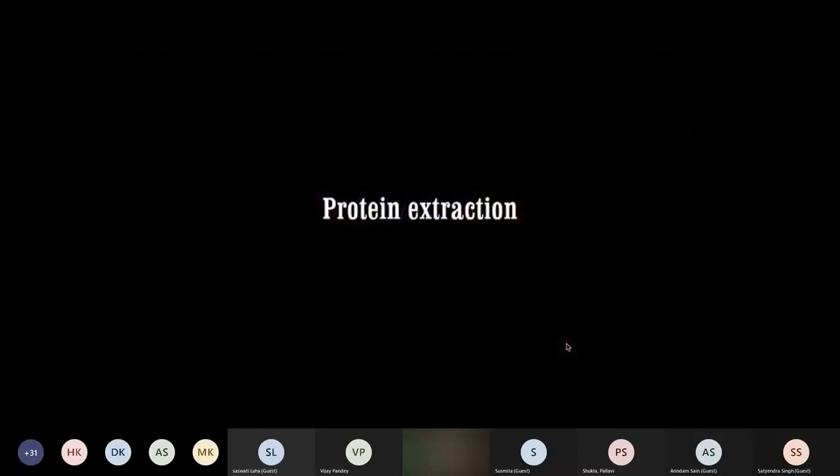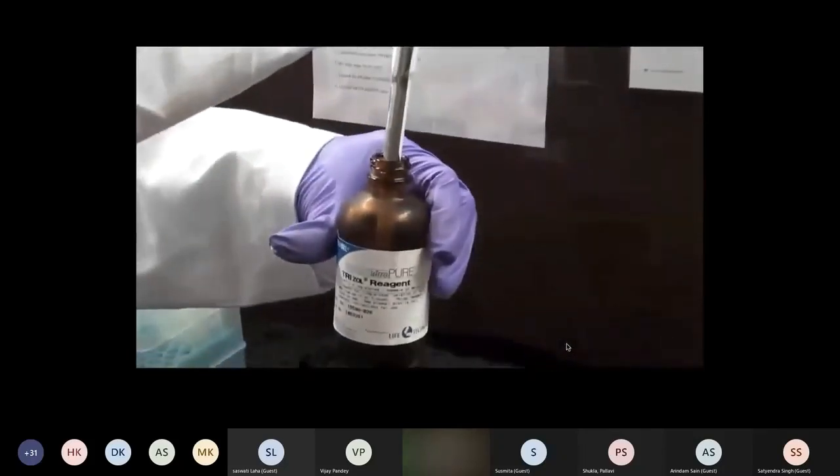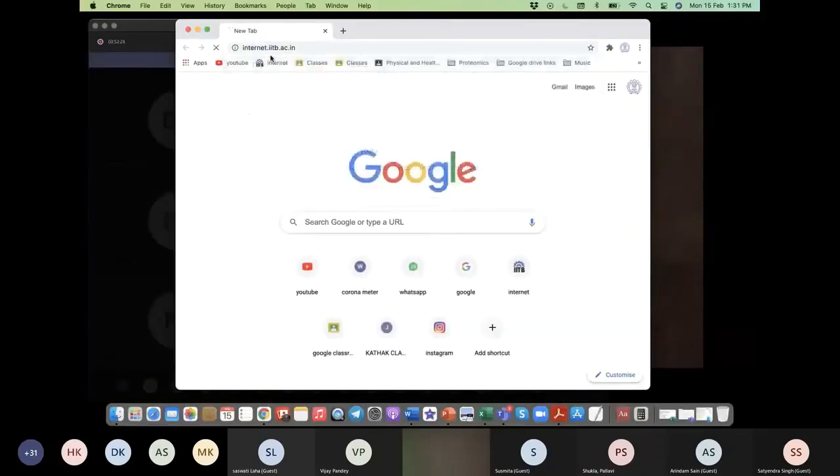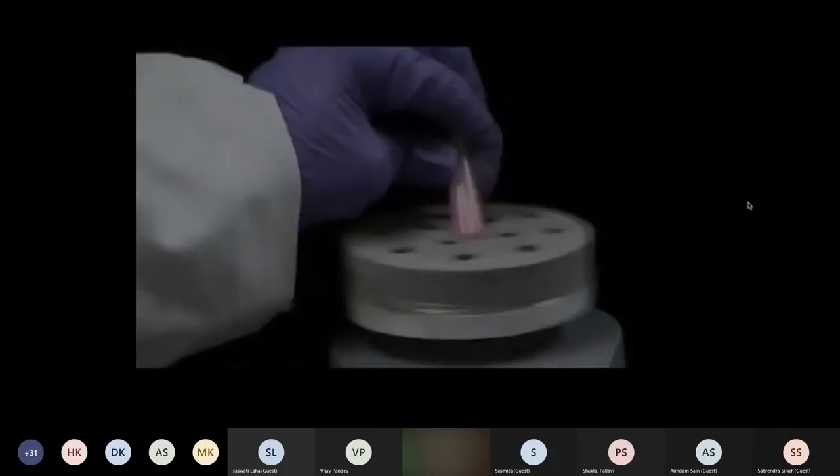Protein extraction. The Trizol extraction protocol allows efficient separation. Add chloroform to the supernatant obtained after sonication.